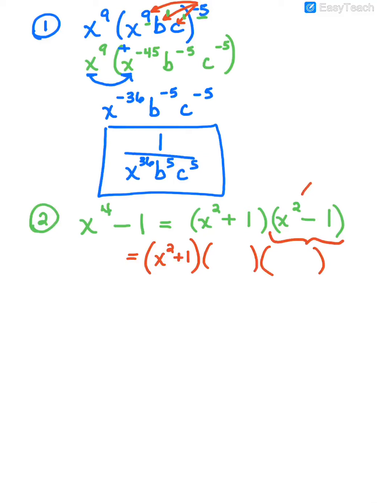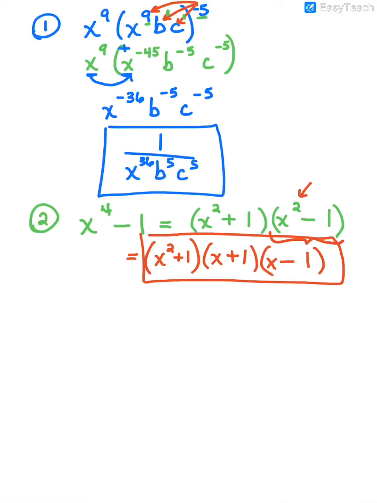So the square root of the x squared would give me an x inside of each parentheses. The square root of the 1 would give me a 1 inside of each parentheses. And then one of the factors has to have a plus sign, and the other factor has to have a minus. So this would be your final answer in terms of final factored form.